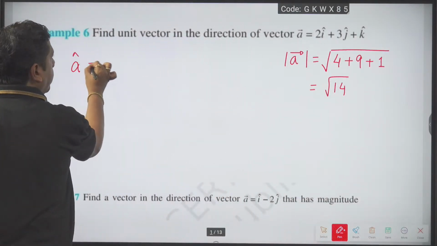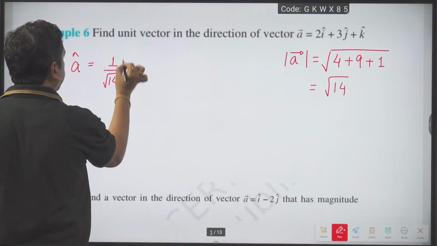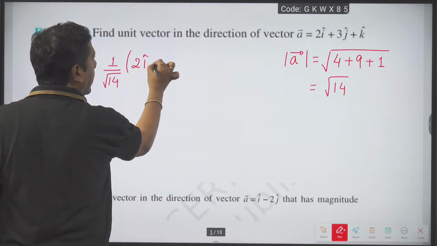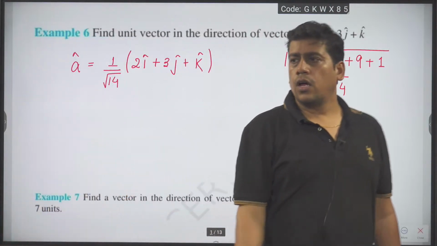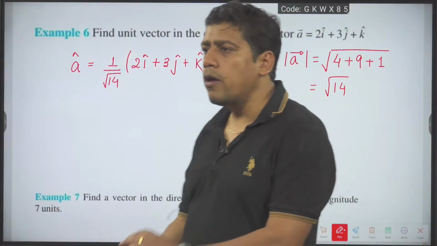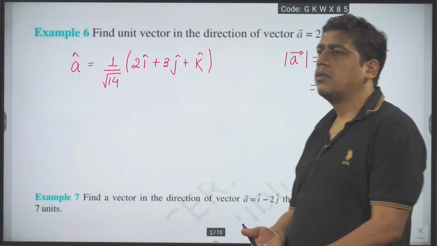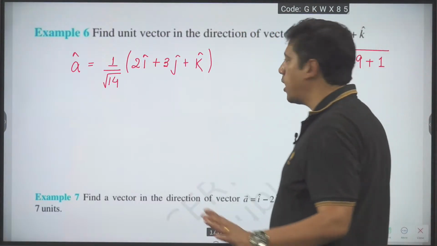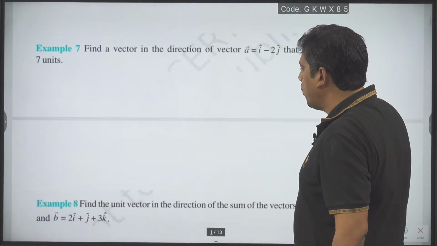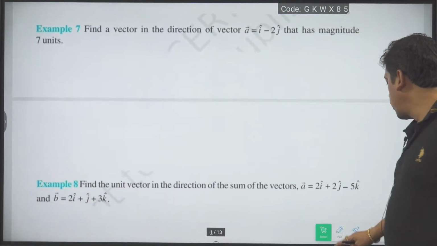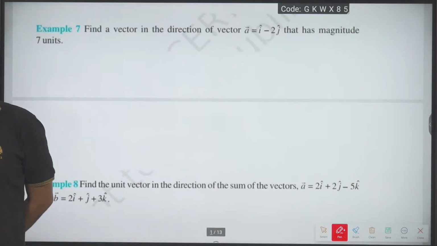So the unit vector will be, either you can take 1 by root 14 common and write 2i cap plus 3j cap plus k cap, or you can multiply 1 by root 14 to every term. Very good. Lot of students are here with me till the last. Good question. This is the last question we will discuss, I promise.